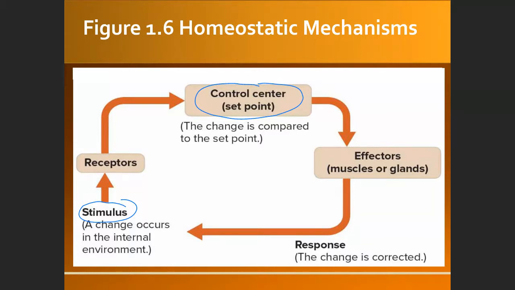And then the control center will give the order to the effector, which is muscle and gland. There are three types of muscle and two types of glands to produce the action, the response. And this response will make the condition go back to the normal situation. So this is what we call the homeostasis feedback loop.